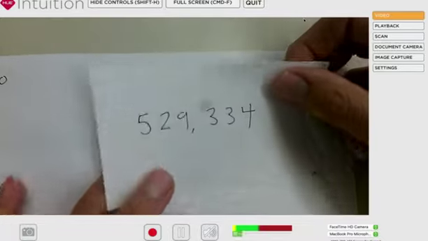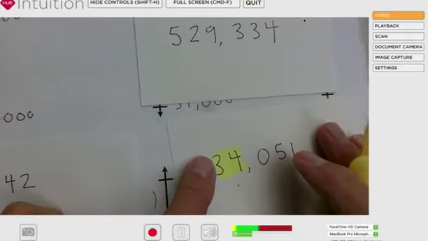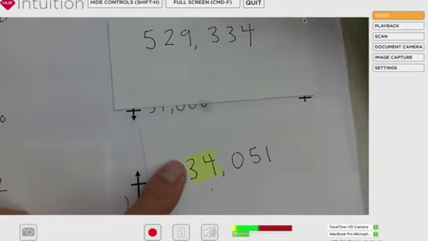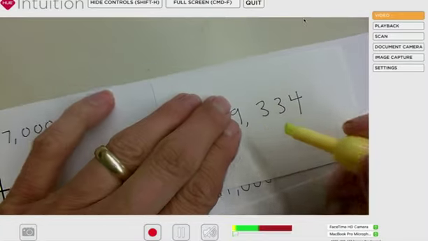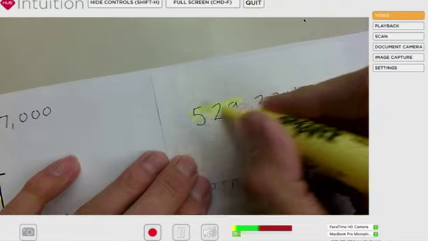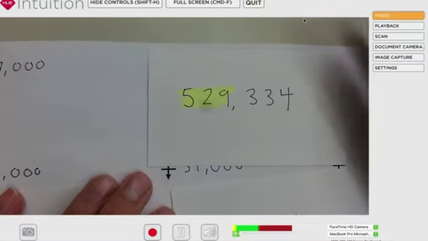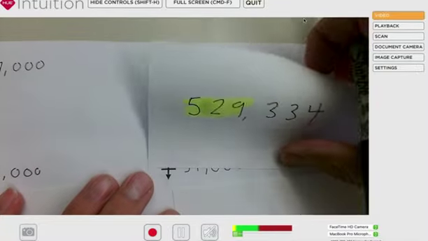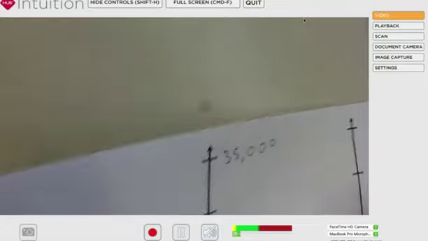So ask yourself the same question you did here and here: how many thousands are in this number? We're going to say that there are 529 thousands in this number, which is true. There are 529 thousands. So that means that our choice, I'm going to have to go way down here to show you this.